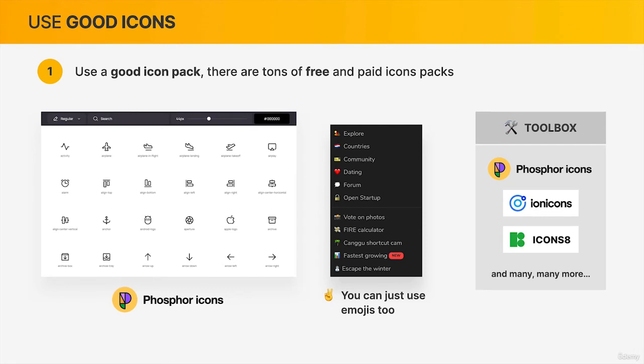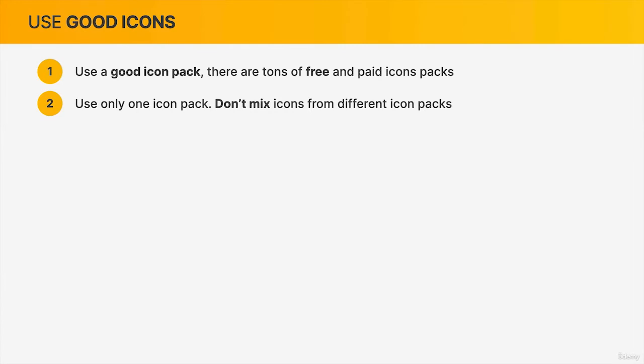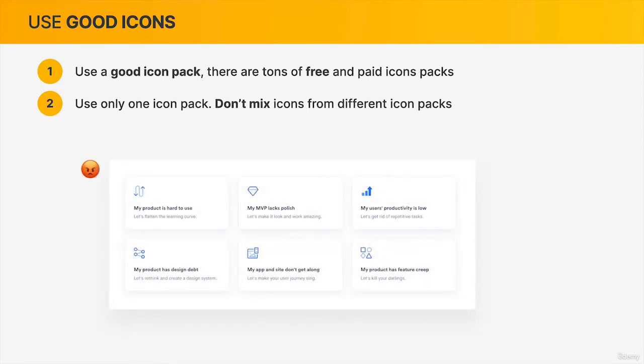Now, what's important here is that you use only one icon pack. So never mix icons from different icon packs, because otherwise you might end up with a result like this. Here you have 6 icons and one of them looks completely off. Can you guess which one that is? Of course it's this one. It has a completely different style.